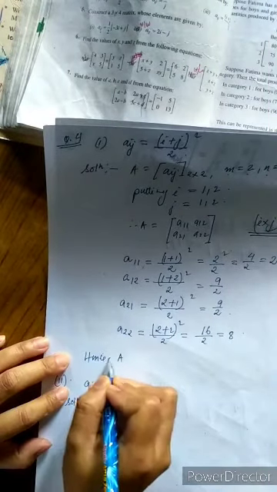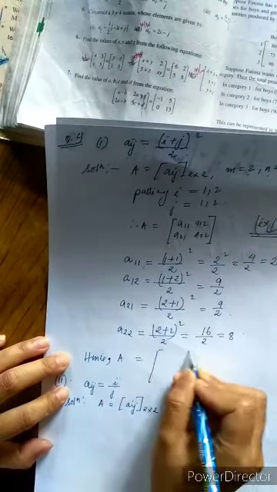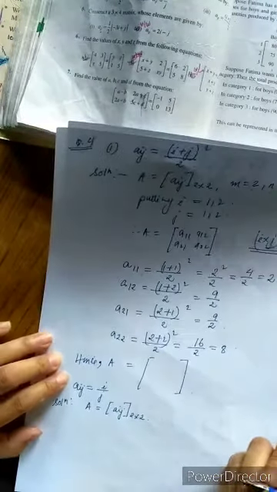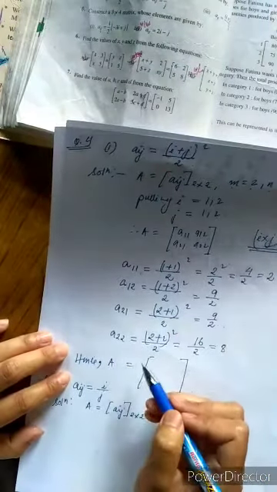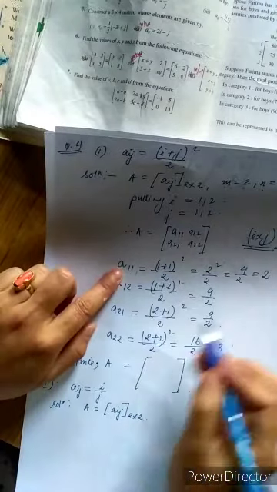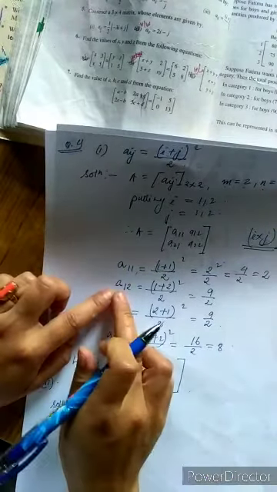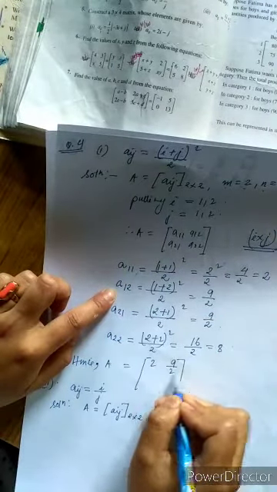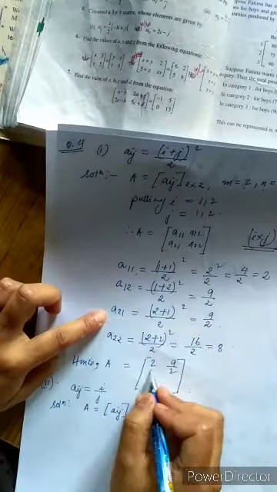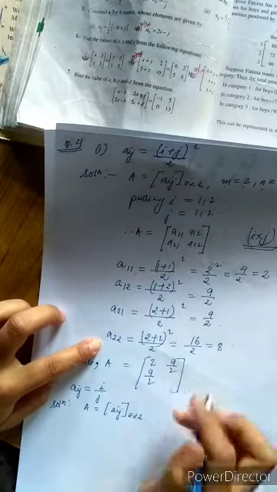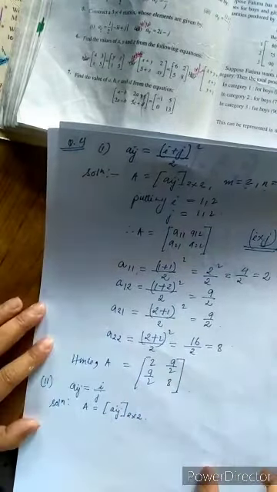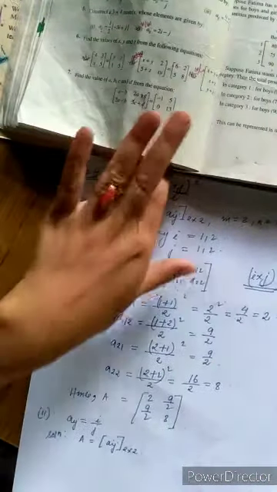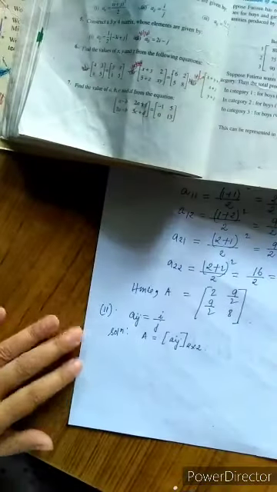And hence the values are a11 equal to 2, a12 equal to 9 by 2, a21 equal to 9 by 2, a22 equal to 8. These are the elements of square matrix A.